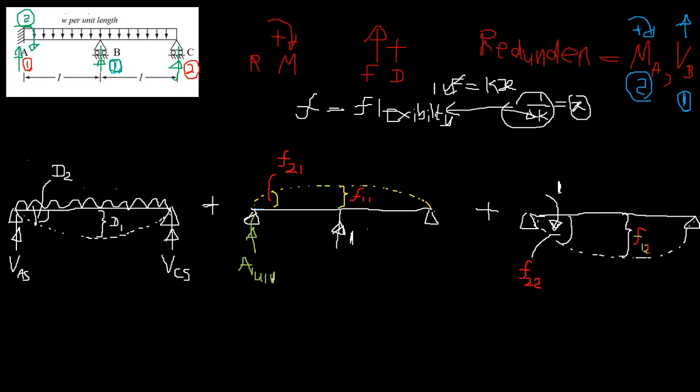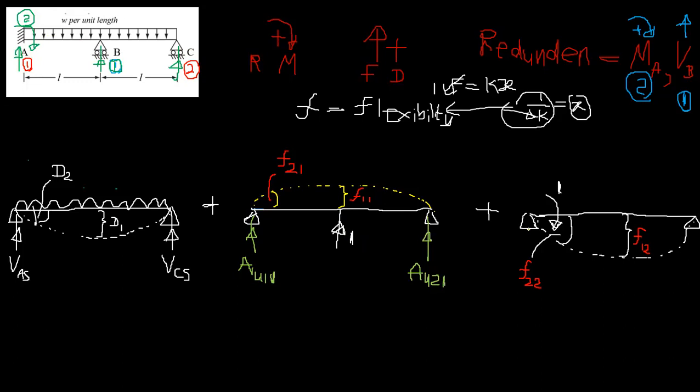Okay. So these coordinate systems are different. Okay, so this is 1 and 2 for redundant, and this is 1 and 2 for actions. Okay, but this is the second action due to the load at first redundant.